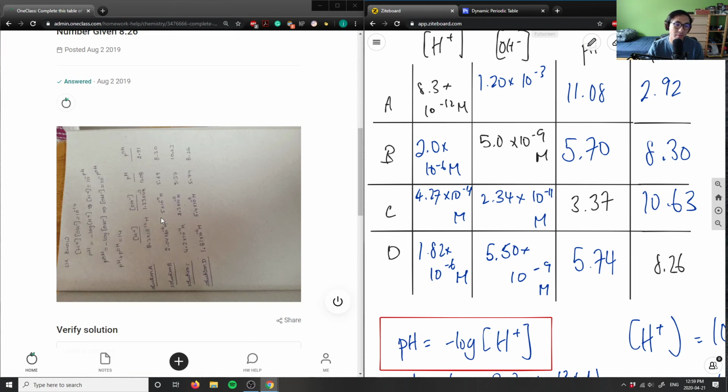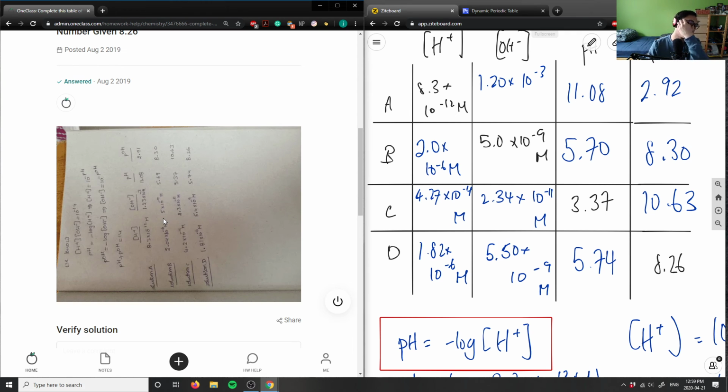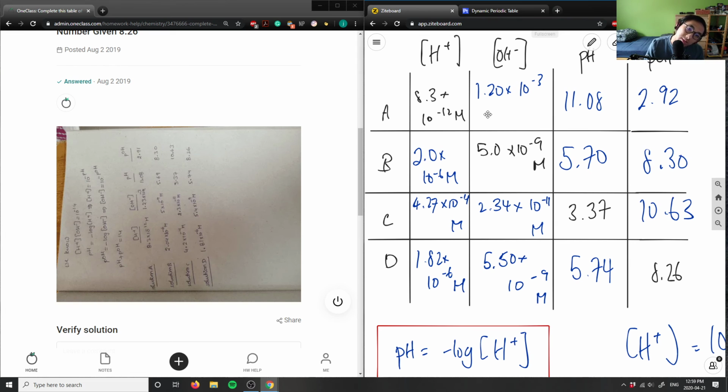It's kind of wonky because I can't really see it, but let me just verify my answers real quick. This here is 1.23 times 10 to the negative 3. They wrote 1.20. Oh no, 1.23. That's good. 11.08, 2.91. I have 2.92. That's close enough. 2.0 times 10 to the negative 6. That's good. They gave you 5.69, 5.70, and 8.30.